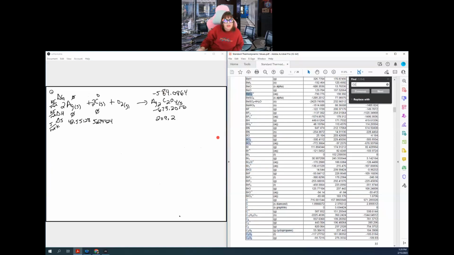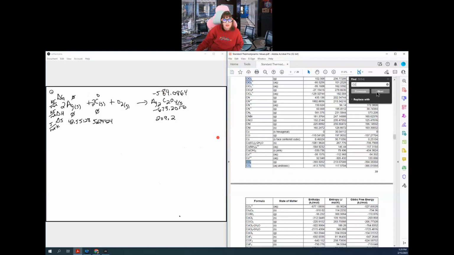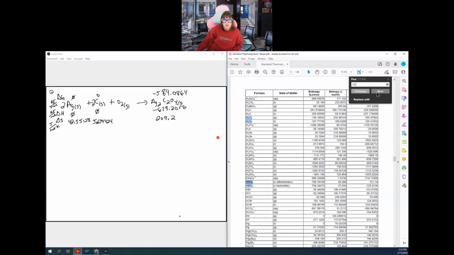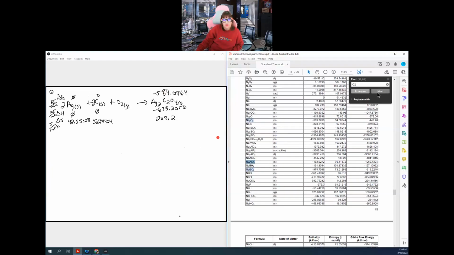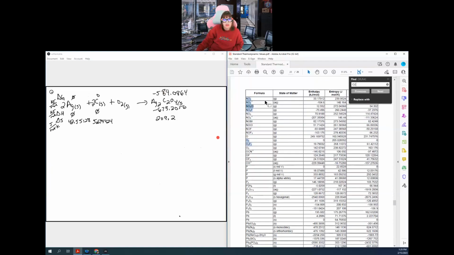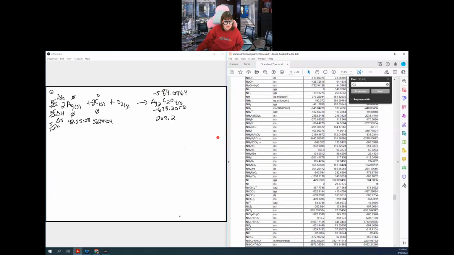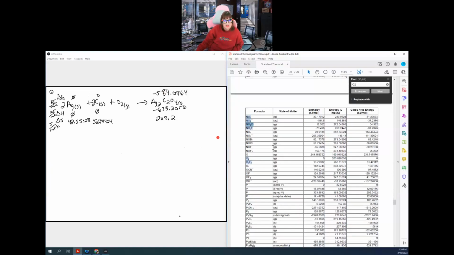Okay. Let's go and find our O2, which is going to be similar. I would expect it to have a delta H, or an enthalpy, and a free energy that is 0. That's my expectation, because that is how it appears in nature. Oh, I do want O2. O2, right there, gas.